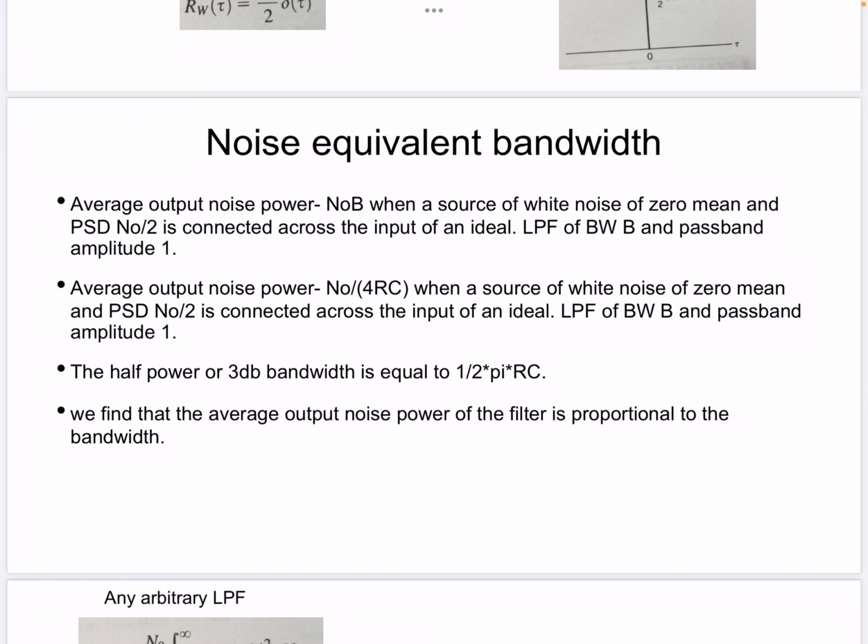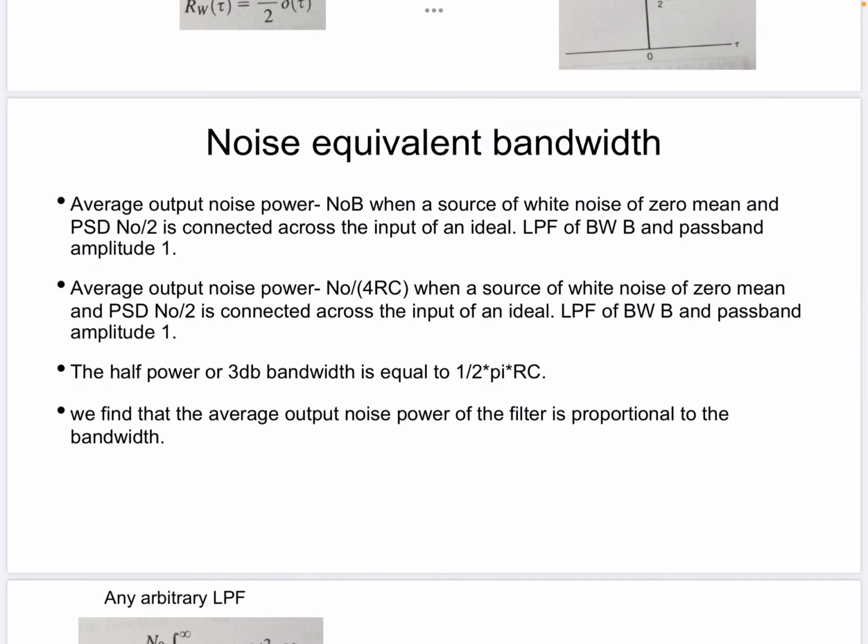So here again we find that the average output noise power of the filter is proportional to the bandwidth. We may generalize the statements to include all kinds of low pass filters by defining a noise equivalent bandwidth.